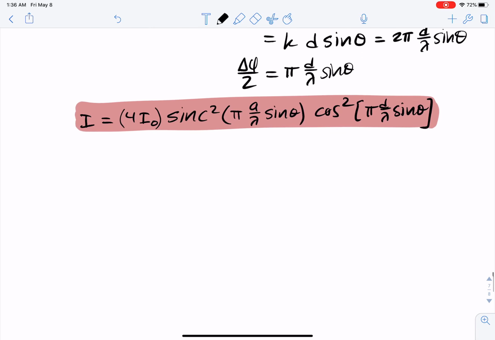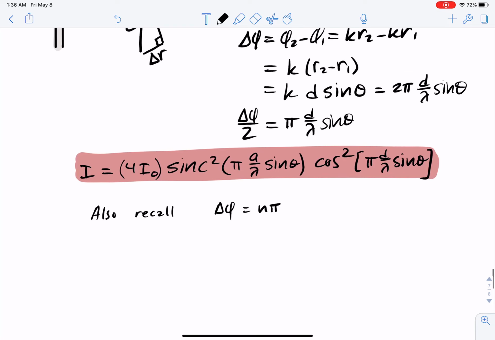Okay, so I also want you to remember that our phase up here had mins and maxes when this was n pi. So the maximums were the even pi's and the minimums were the odd pi's.